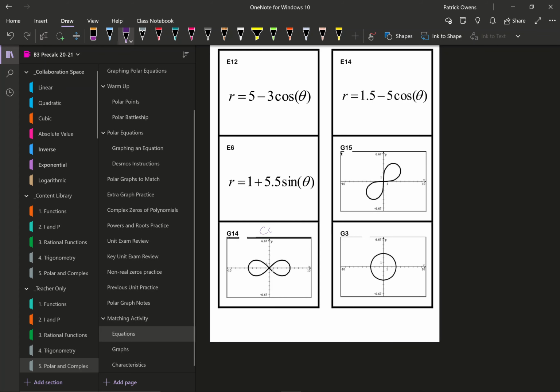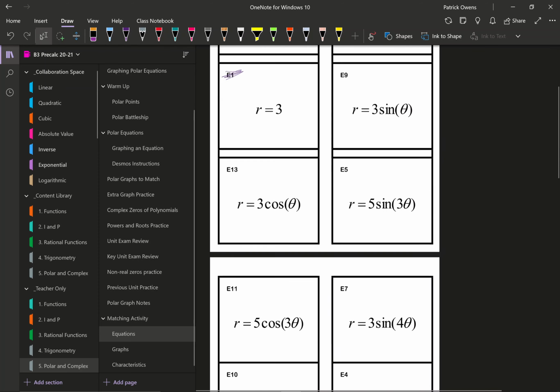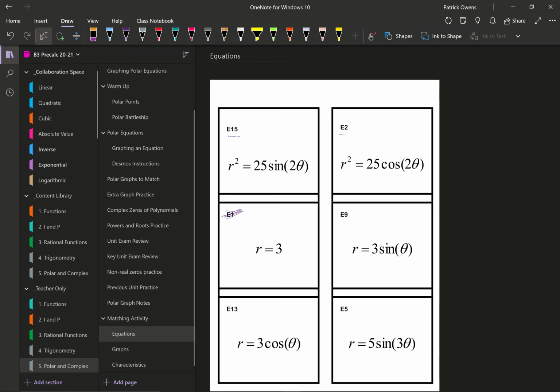Our cosine is going to be G14 because just like with our rose curves, the x-axis is a line of symmetry for this, and the sine, G15, is going to be in between the axes. So G14 is our cosine. So E2 will be G14.